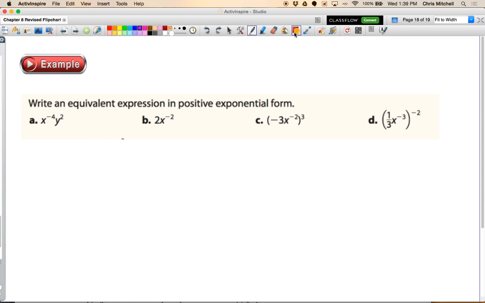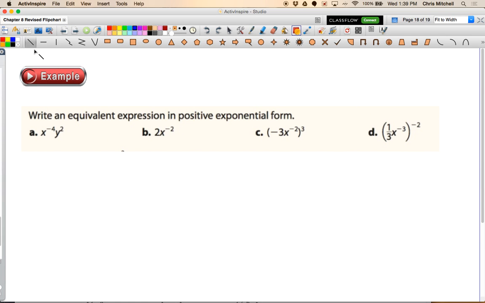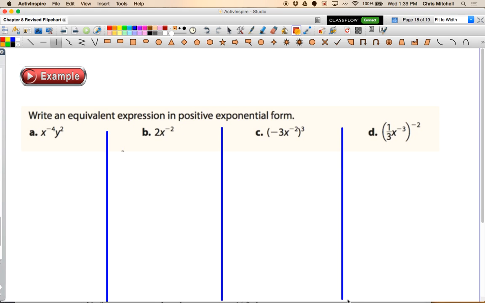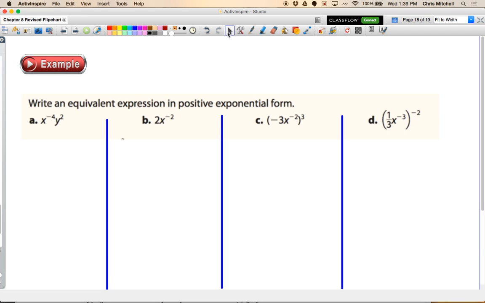So here are a couple of problems that we can do. All right, let's look at the first one. We have x to the negative 4th y squared. So let's deal with the x first.